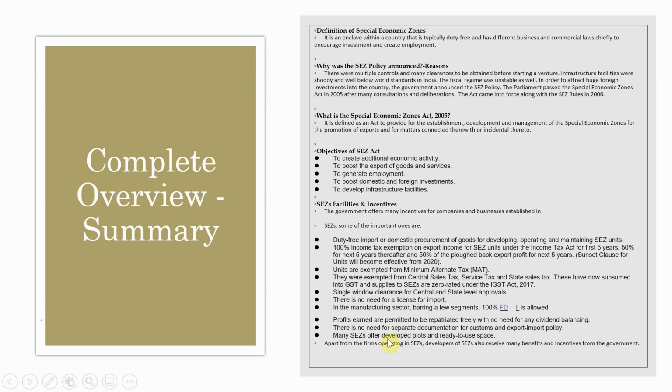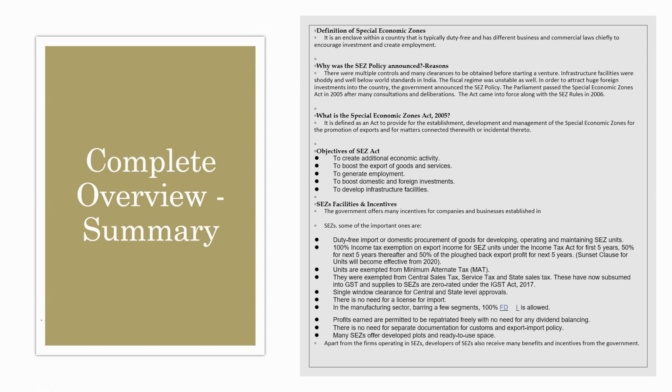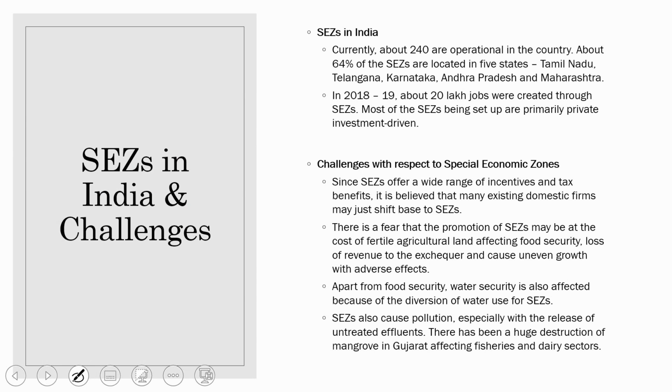Many SEZs offer developed plots and ready to use space. And apart from the firms operating in SEZs, developers of SEZs also receive many benefits and incentives from the government. Okay, so now SEZs in India. Currently about 240 are operational in the country, and about 64% of SEZs are located in 5 states.